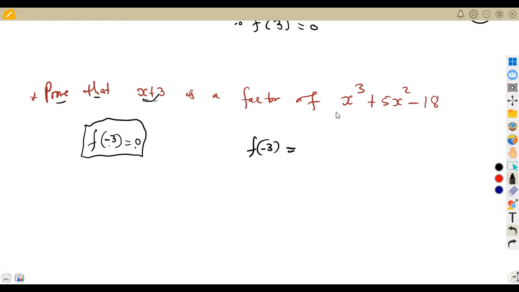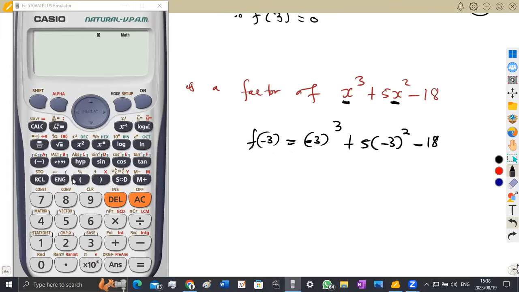We are substituting negative 3 into x cubed plus 5x squared minus 18, using the calculator, with the value of x being negative 3. So that you can see what we are going to obtain: zero.